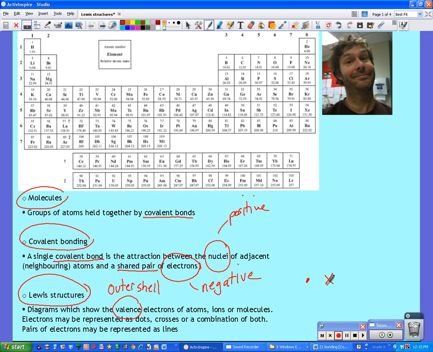We can use both dots and crosses, or we can use a straight line to represent a pair of electrons. So pairs of electrons can be pairs of dots and crosses, or lines. Those all three represent pairs of electrons. Now pause and make a note of those definitions.